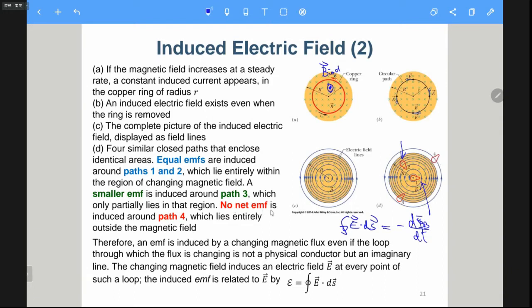So no net EMF is induced around path 4, which lies entirely outside the magnetic field. It also mentioned that the path is not a physical conductor, but an imaginary line.